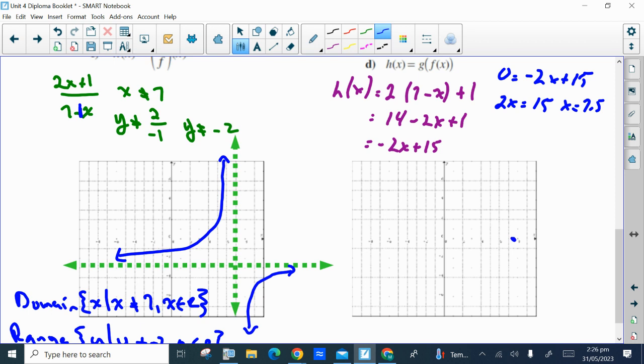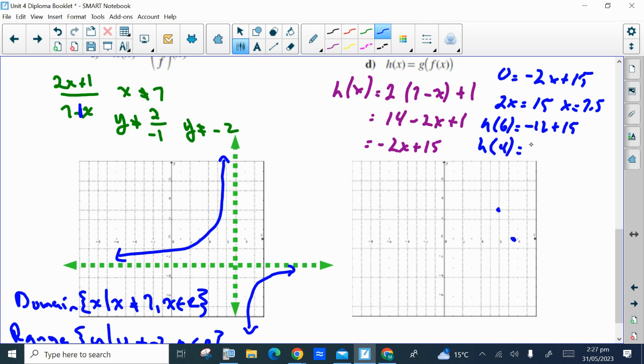We can find a couple other points. For example, let's say when x equals 6, -2 times 6 is -12 plus 15. So that'll be the point 6, 3. So that's there. And h at, let's say, 4.